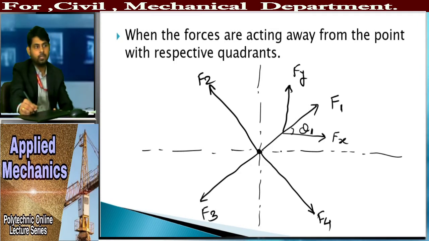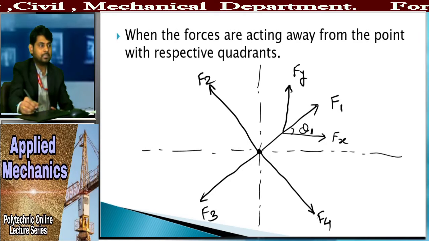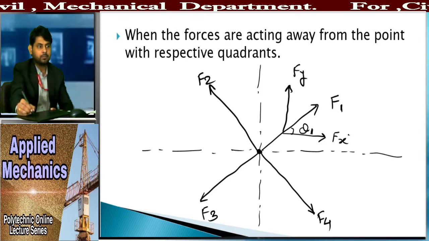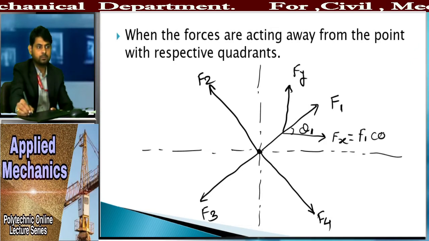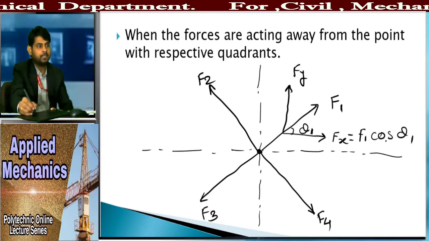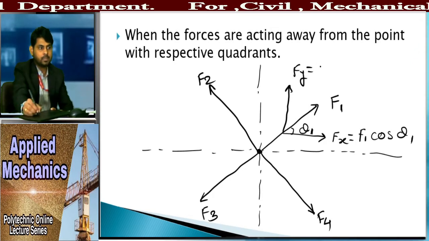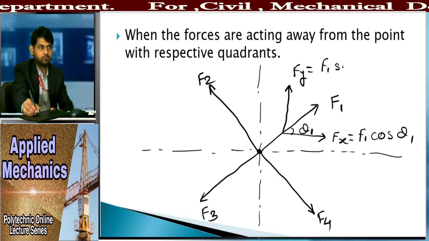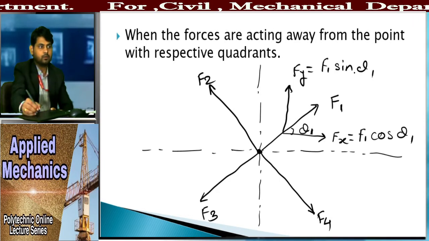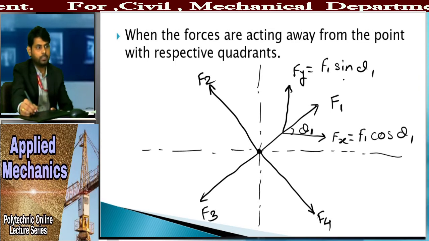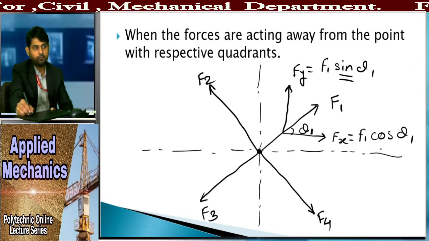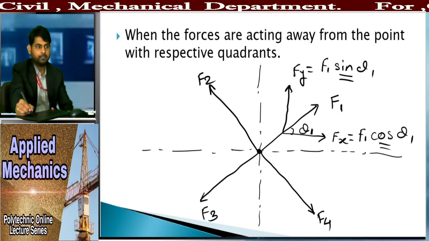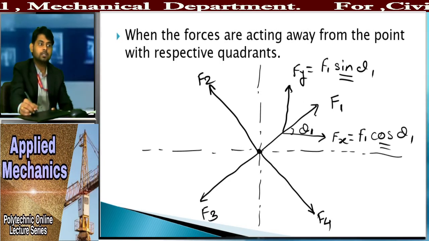Now as we said in the previous slide, Fx is nothing but F1 cos theta 1, right? And the value of Fy is F1 sine theta 1, because Fy is vertical, and for vertical force we have taken sine, and for the horizontal component we have taken cos, right? So this is the resolution for force F1.